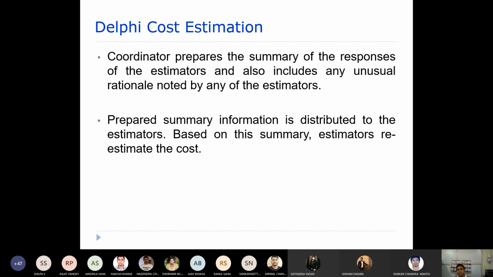The only thing is that any parameter or characteristic that influences their estimation is mentioned, but that will come as a summary, right? And no one knows who has identified that particular characteristic. Those things will not be known. The only thing is that a summary will go to each and everyone, right?